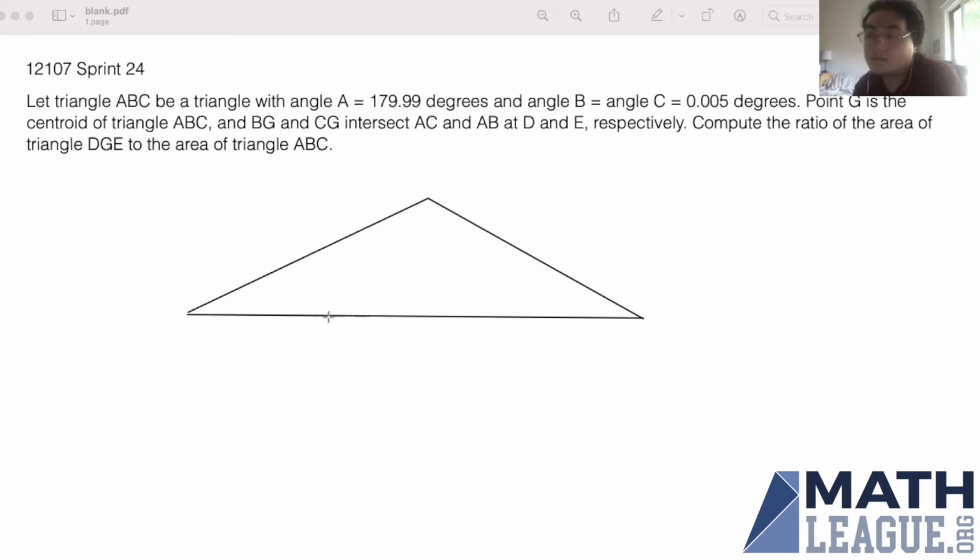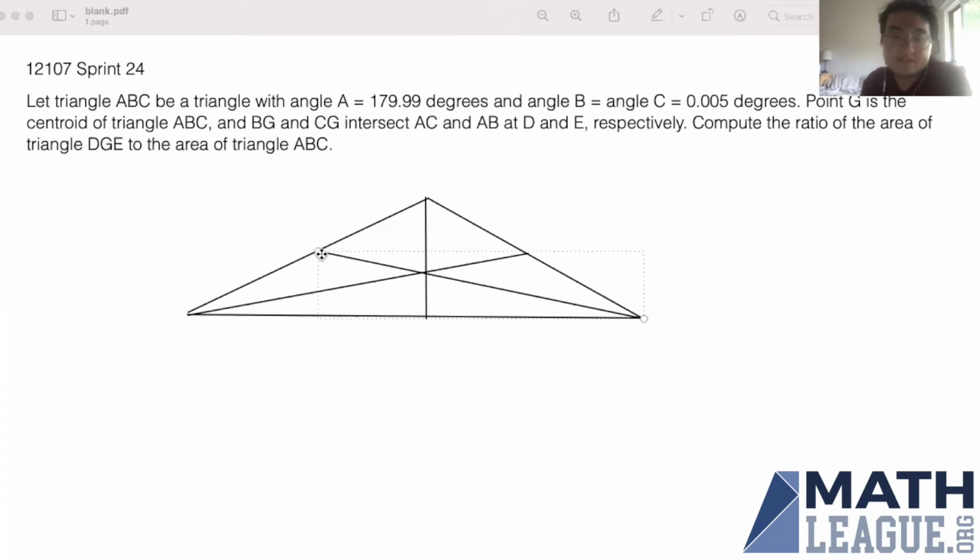There we go. And so we construct its centroid. Remember, that's the average of the coordinates of the triangle, but more rigorously, it's also the intersection of the medians, which are the line segments from each vertex of the triangle to the midpoint of the opposite side, right?